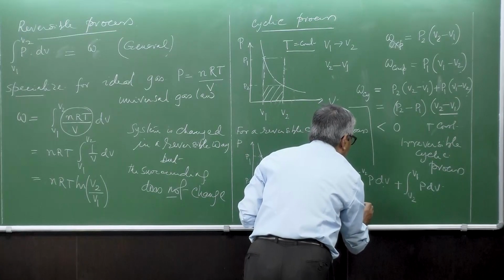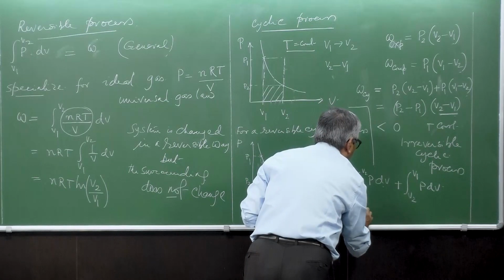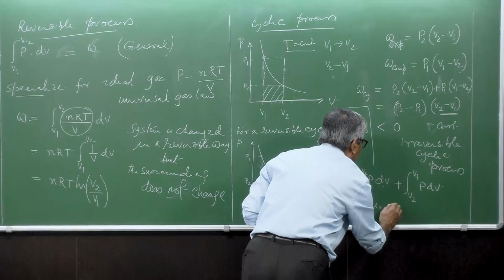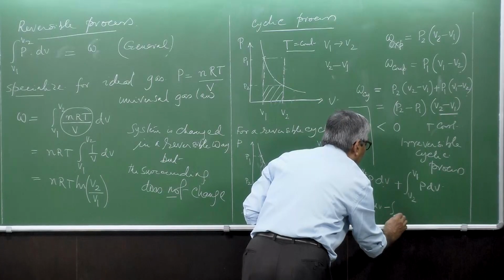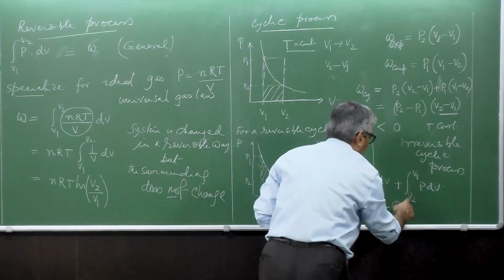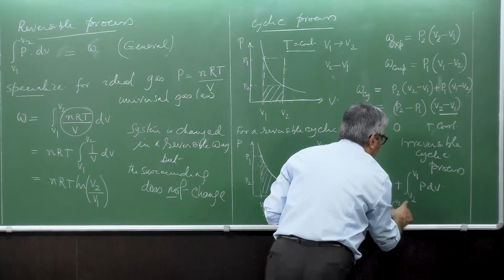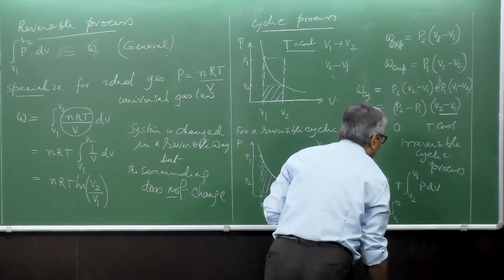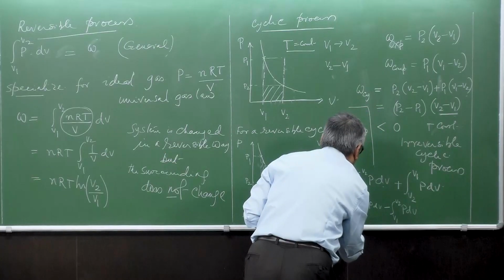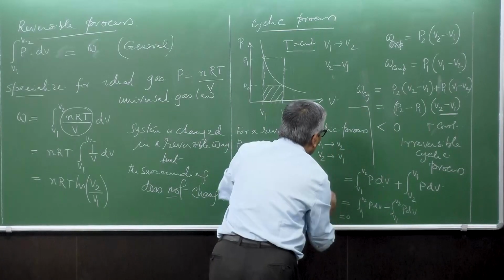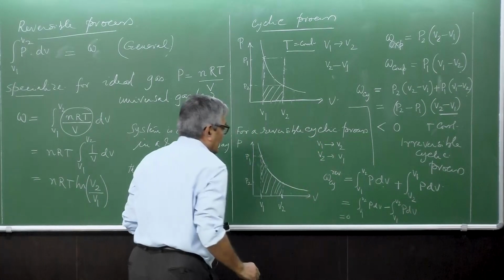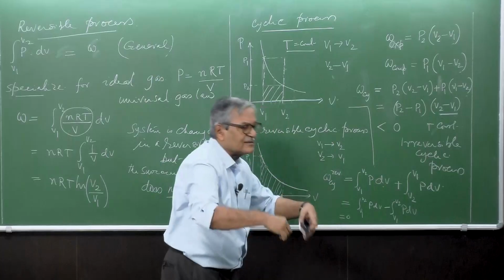Because the integral from V1 to V2 of P dV, I can write as a minus of the integral from V2 to V1, reversing the limits of integration, and that is basically equal to 0. Therefore, for W cyclic, for the reversible process, the work done by the system is 0.